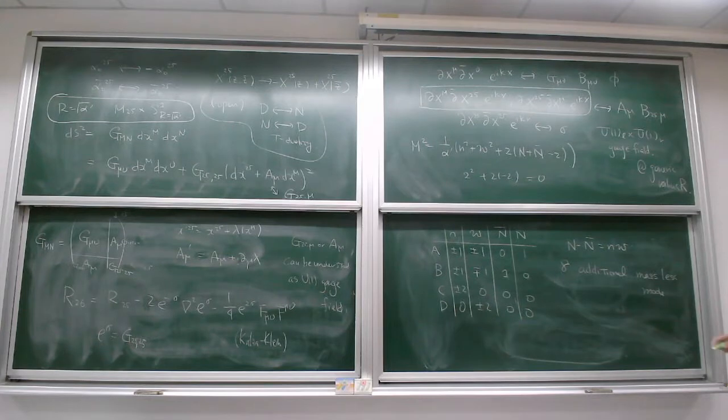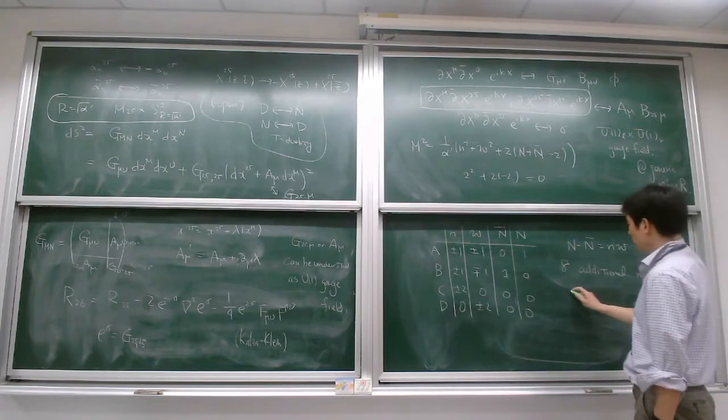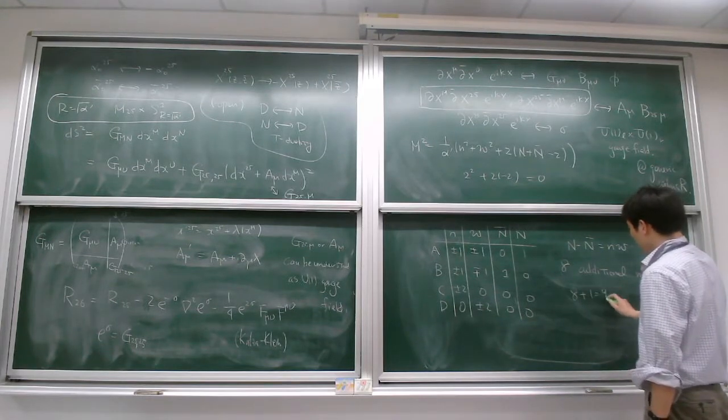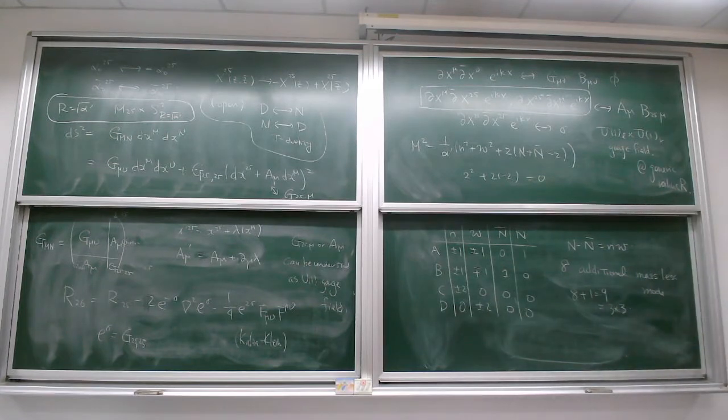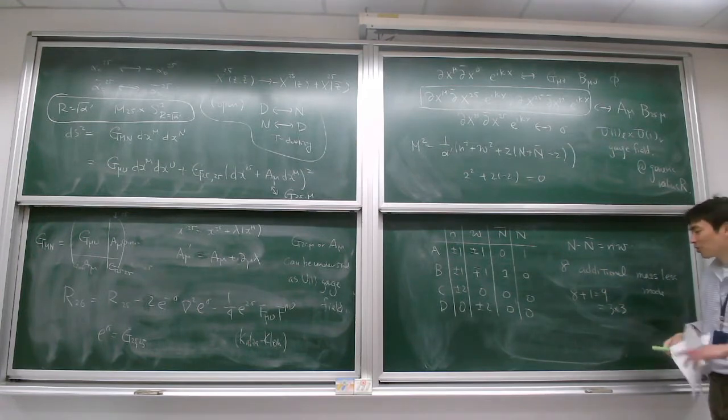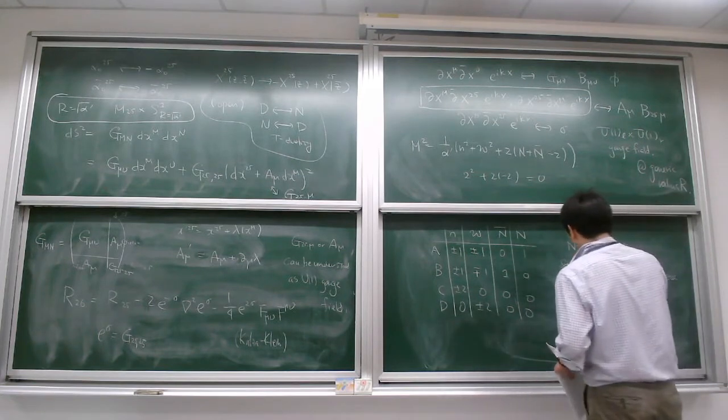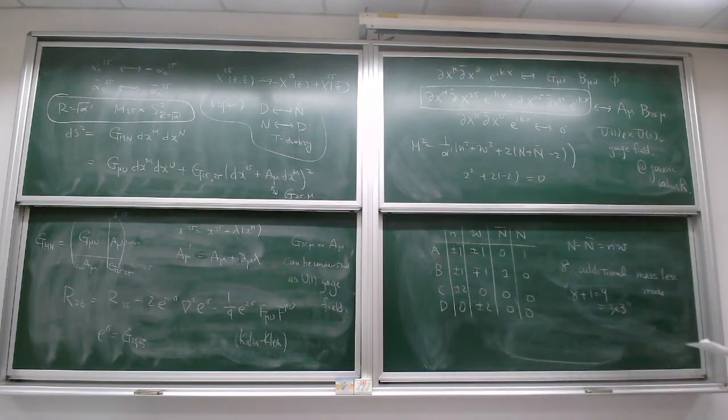So 8 added to 1 is 9, which is 3 times 3. That's what we are going to do. So 1 is the previous massless mode, but now we add an additional 8 and you have 9 massless modes, which is 3 times 3. That's what's going on. And we will see what it means from now.